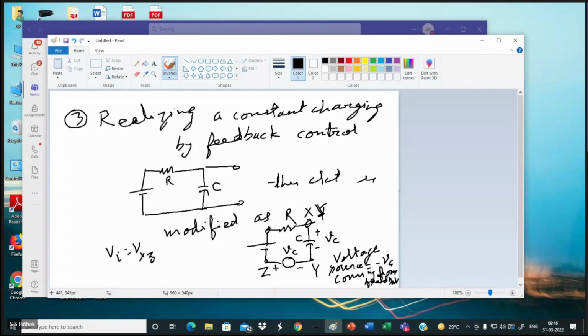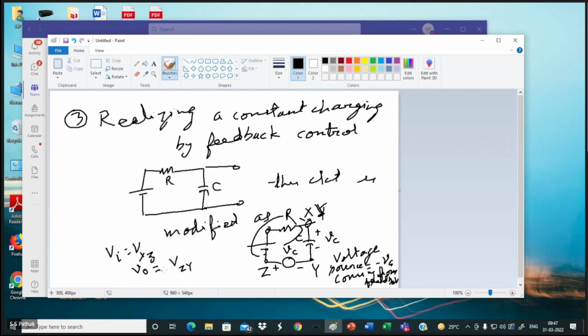This is my amplifier. In this system, VXZ is my input, and I'm taking my V naught at VZY.